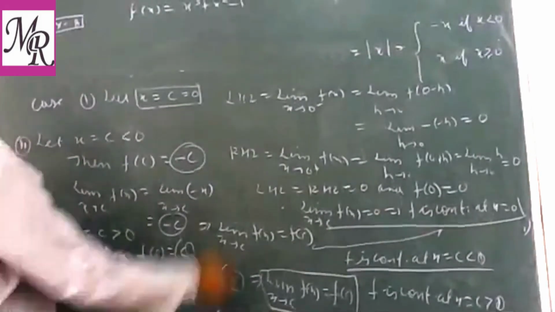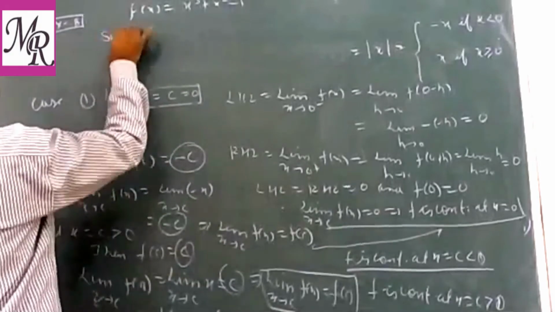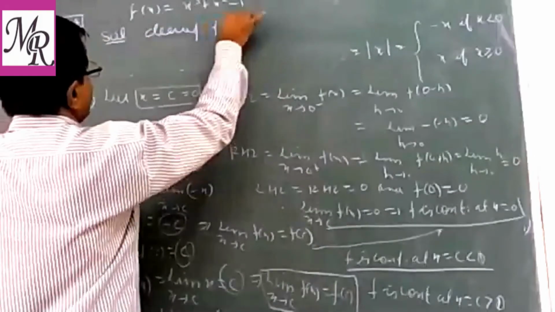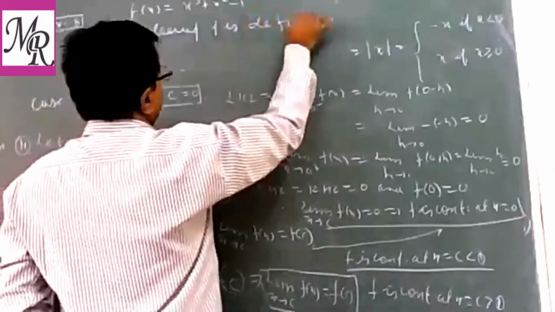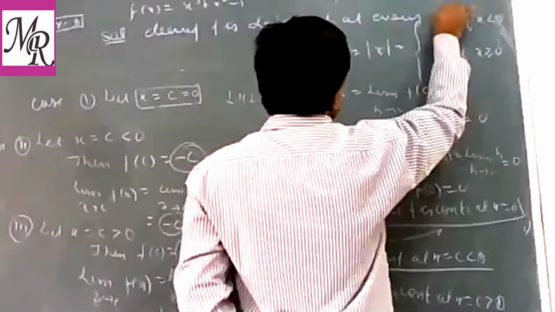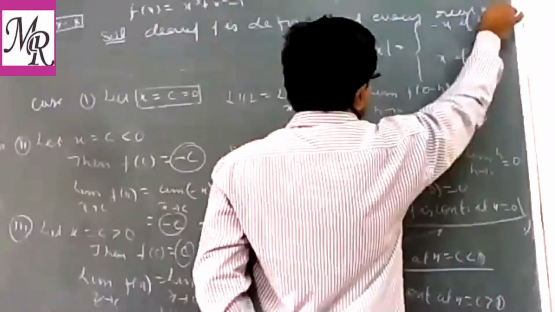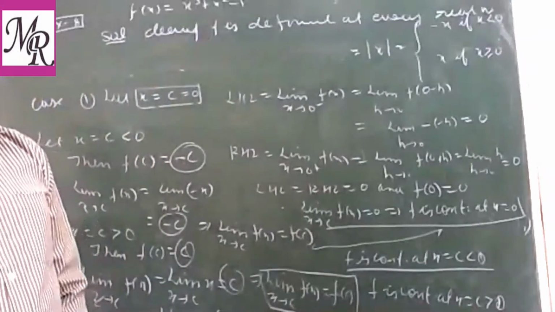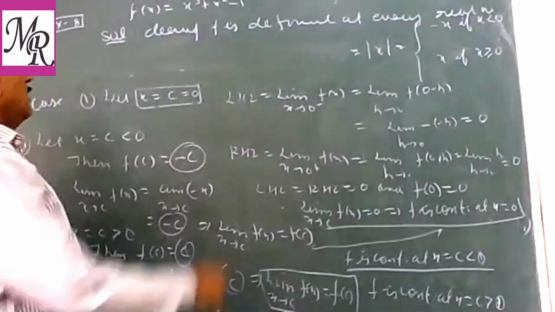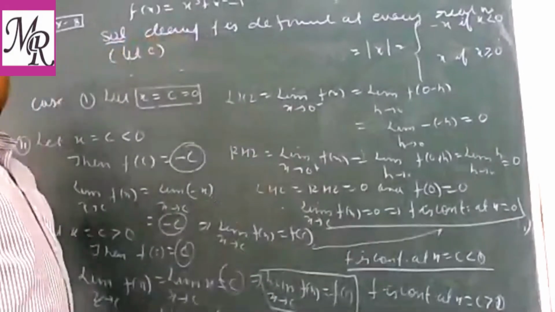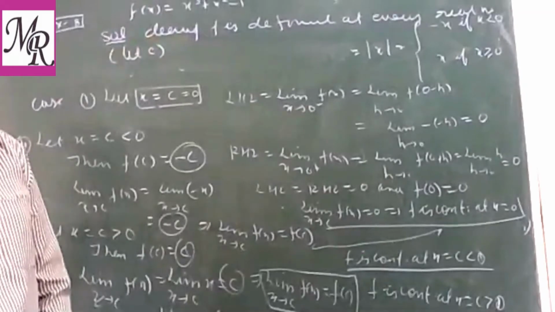So you can say clearly, in the solution write down: clearly f is defined at every real number. This function is defined for every real number. अब उसको कह सकते हैं real number से let c. You can give the particular name, let c.